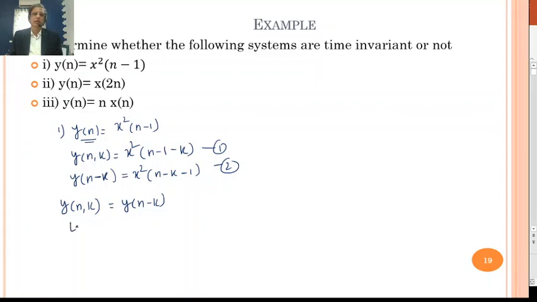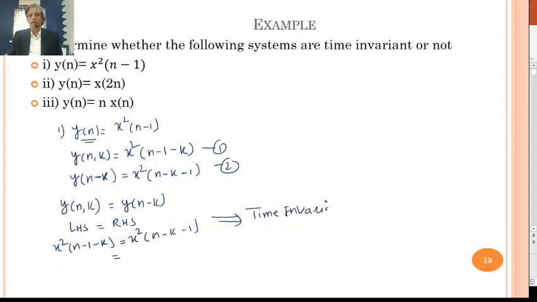As the left hand side and the right hand side are equal, x squared of n minus 1 minus k equals x squared of n minus k minus 1, then the given system is time invariant.